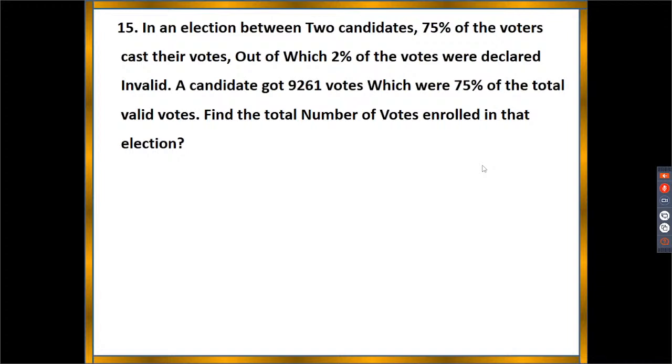In an election between two candidates, 75% of the voters cast their votes, out of which 2% of the votes were declared invalid.